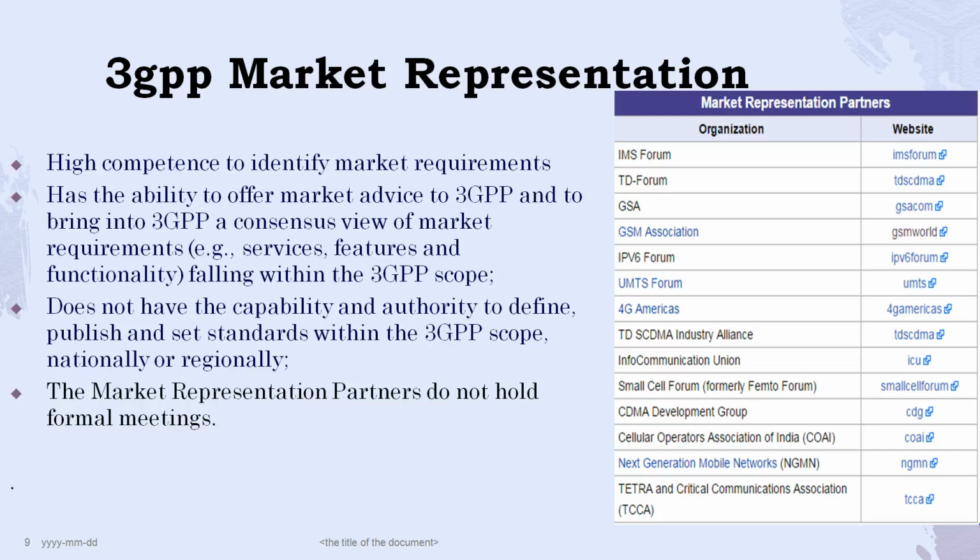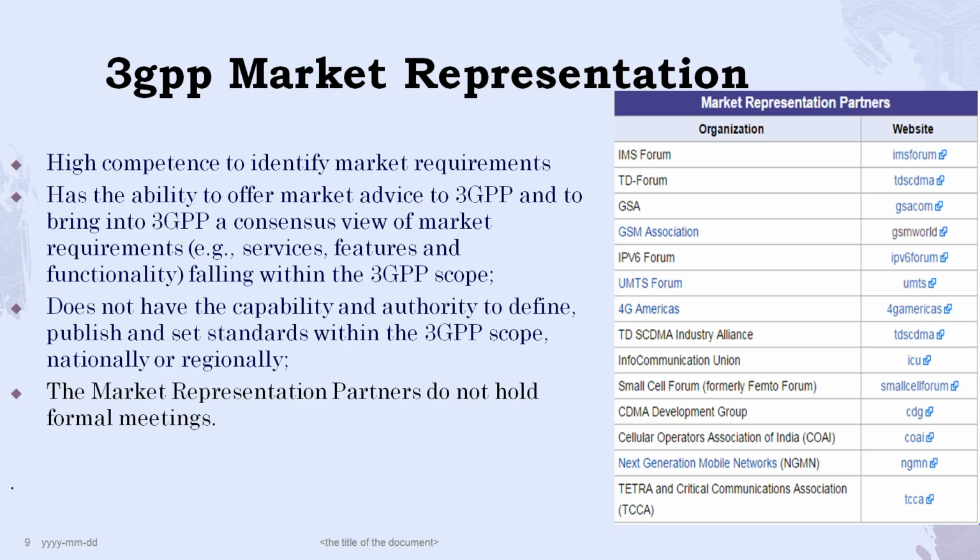I'm not sure, but they make money on that, and they also make money on the certification. So if you want to certify your product, let's say IMS certified, you have to go through one of these forums. As you can see, there are different forums for different features. You have one for IMS, one for IPv6, the UMTS Forum, one for Femtocell, etc.